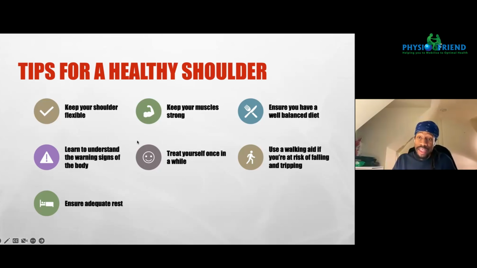A well-balanced diet is important because things like diabetes will increase your risk of frozen shoulder and other problems, which could lead to you being in the bed. So if you're on a poor diet, it can increase the risk of just everything feeling a little bit more tight, jammed.